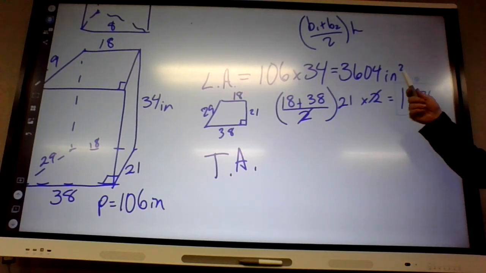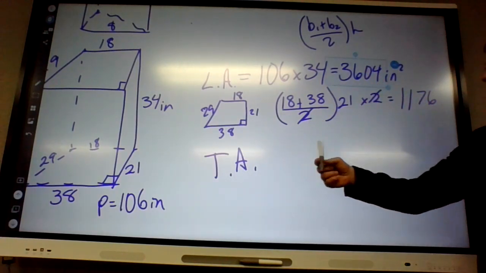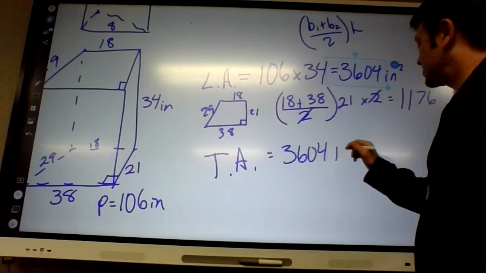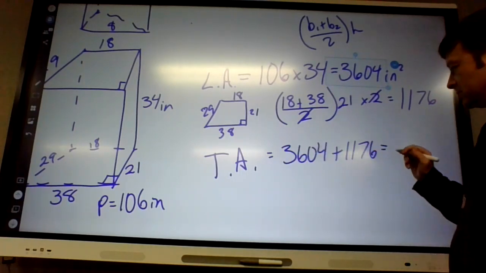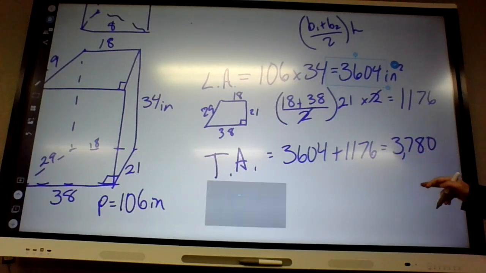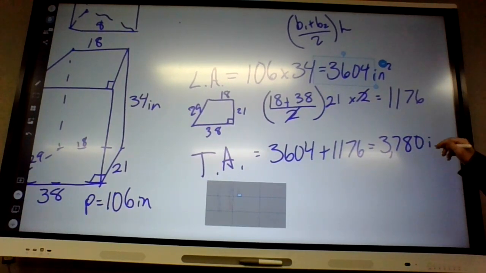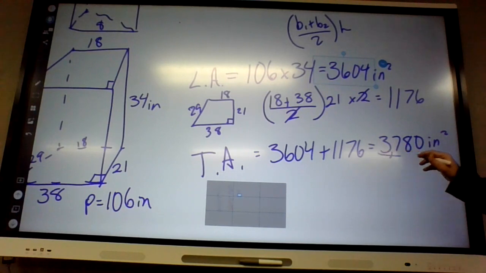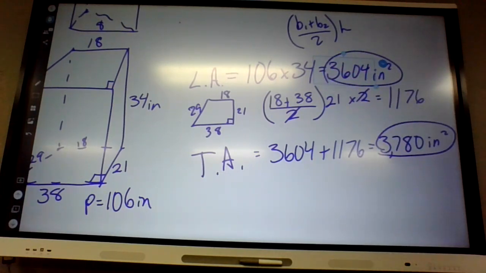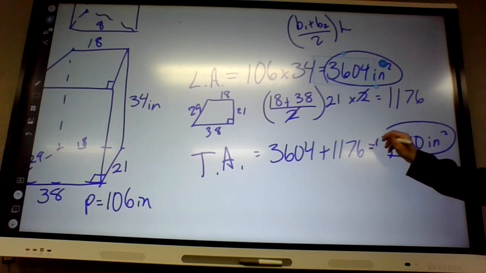So we just add the two base areas to the lateral area, and that's the total area. 3604 plus 1176. 4780.